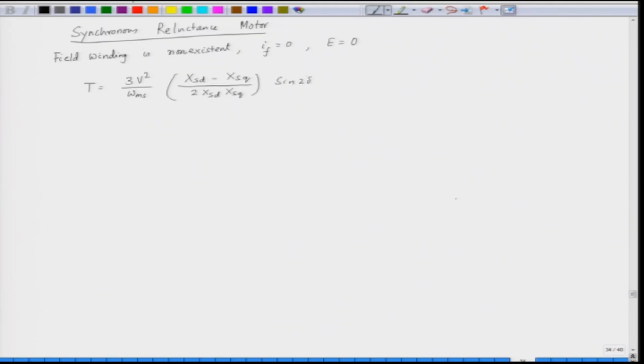So, the torque does not depend upon the field, because the field has been removed, field current equal to 0. So, torque is a function of the applied voltage, the stator applied voltage, that is V square, and it is a function of sine 2 delta. It varies as sine 2 delta. So, it is sometimes quite attractive that the field winding is removed, but still the machine is developing a torque.